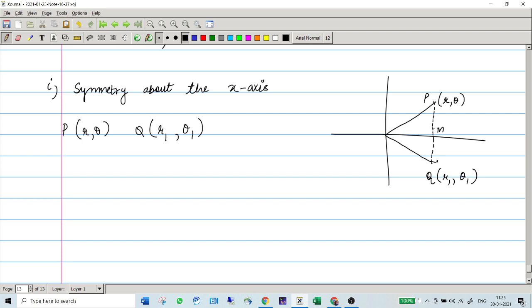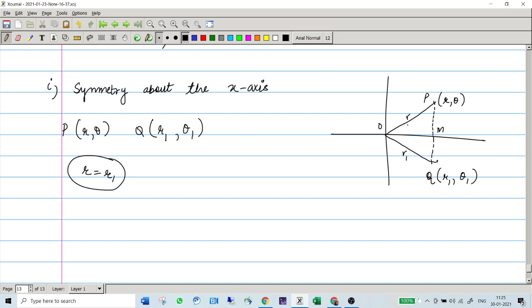You want them to be symmetric, so what is the first thing you can think of? The length OP should be the same as the length OQ, that is, this r should be the same as this r1, right? So first of all, r should be the same as r1 for P and Q to be symmetric about the x-axis, right?